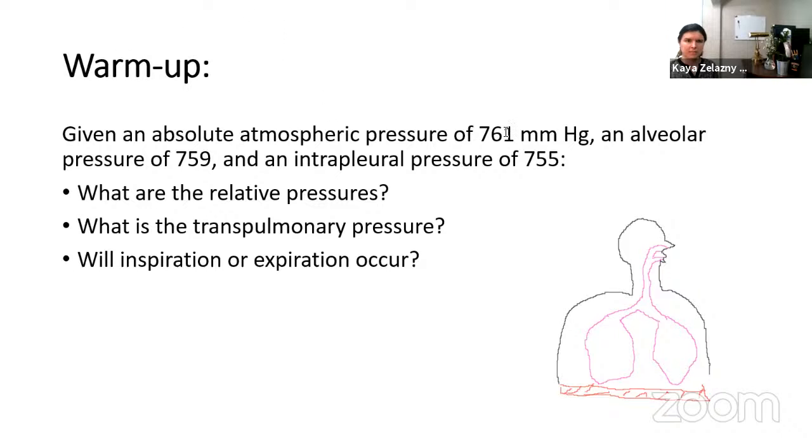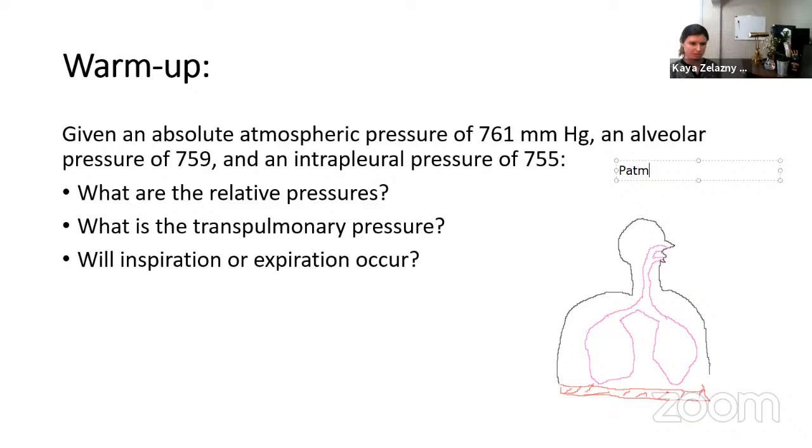So we immediately know, given in this problem, we have some pressures, right? So the first pressure we have is our absolute atmospheric pressure of 761. So we start out in the environment, right?